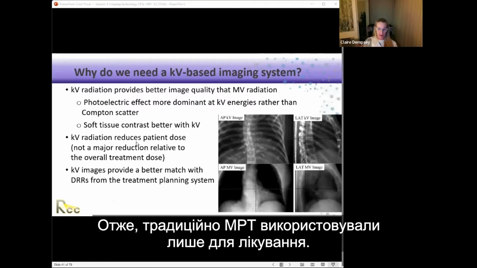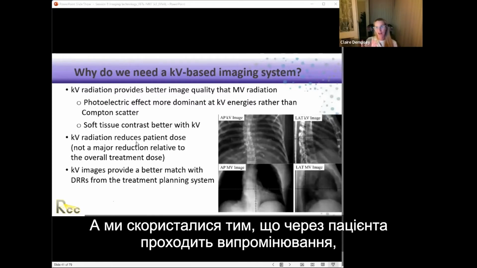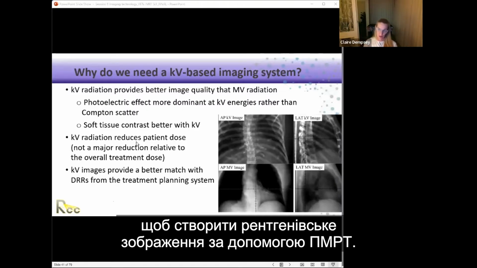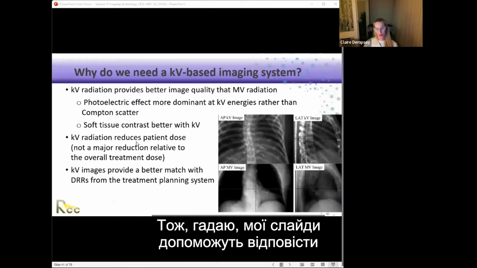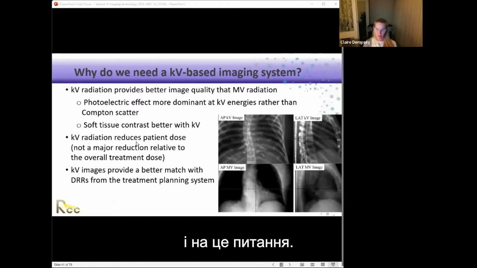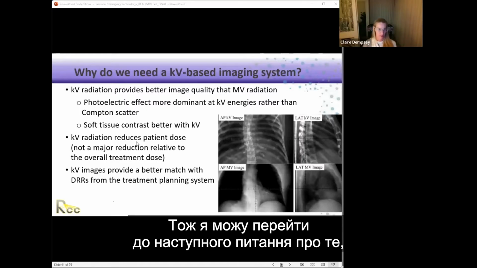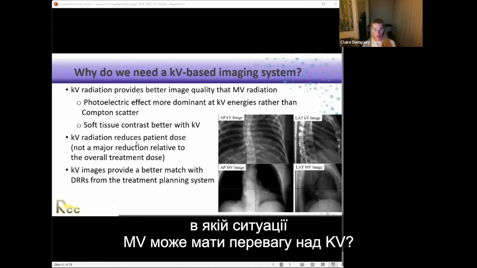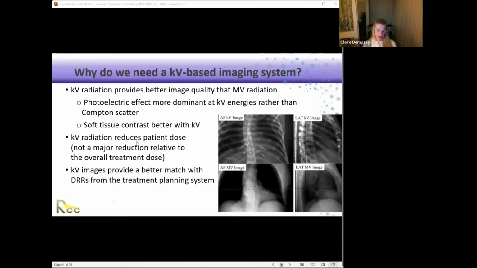So MV traditionally has just been used to treat patients, and we've taken advantage of the fact that there's radiation passing through the patient to create an X-ray image using an MV beam. I guess my slides will probably help answer that question as well. So I might move on to the next question about what situation can MV be advantageous over KV?